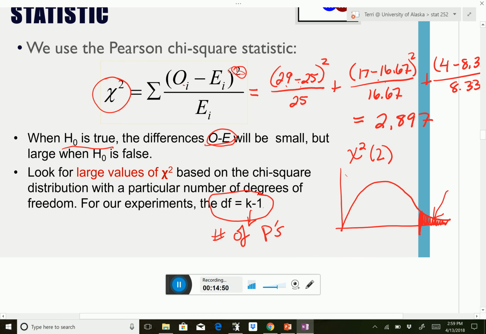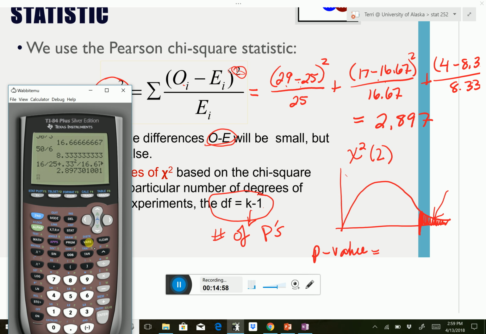So how do I find this p-value? Well, on your calculator, under distributions, you have chi-squared CDF. So our lower is going to be our actual number because we want the right tail, this tail right here.